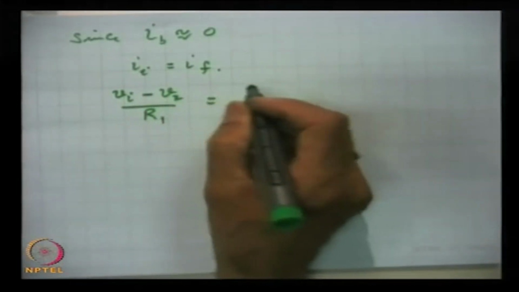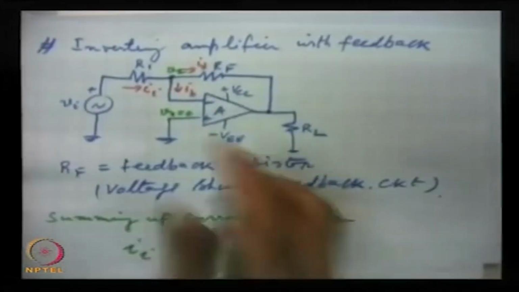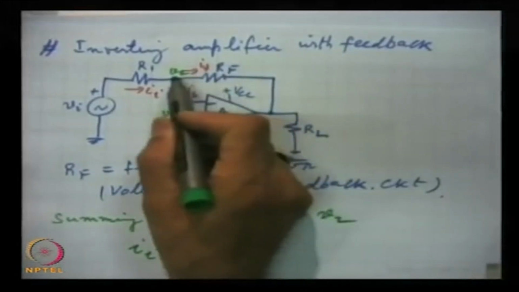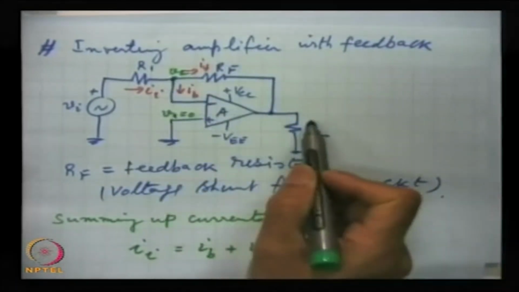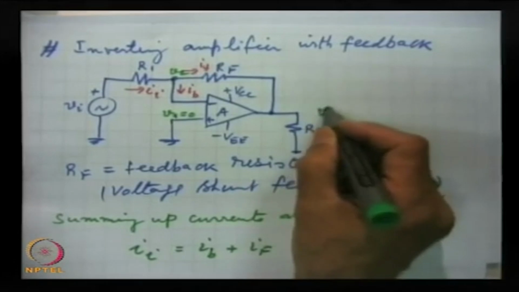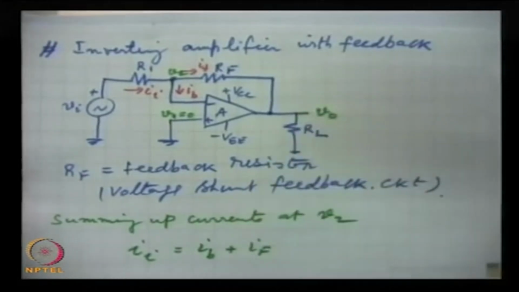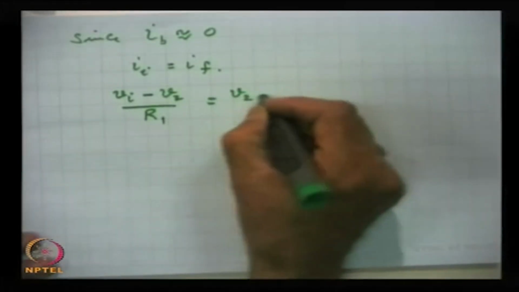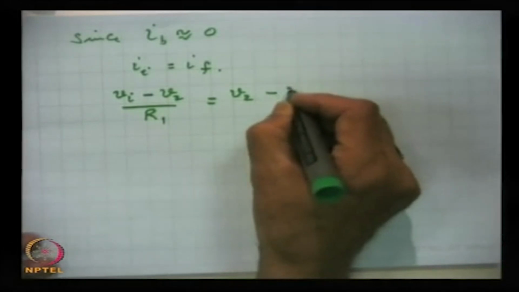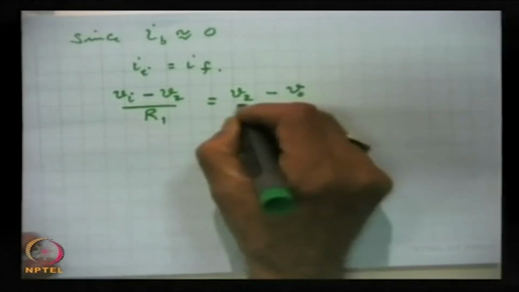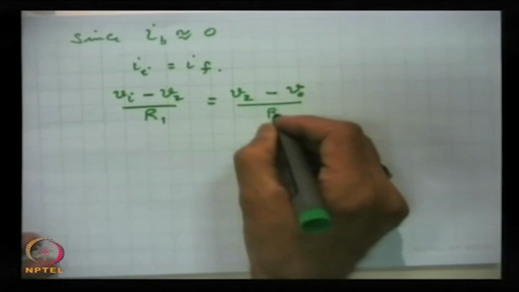This is equal to IF, and in IF the two terminals, one is at voltage V2, other is at voltage V0, output voltage. So, this is equal to V2 minus V0 by RF.